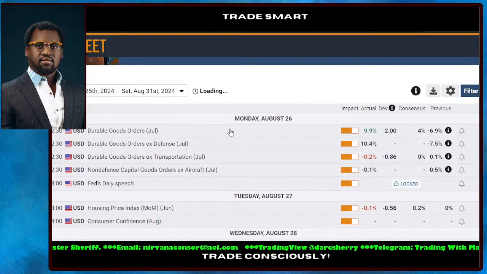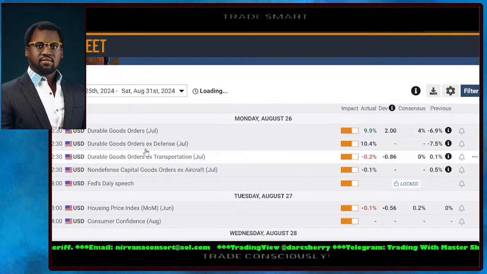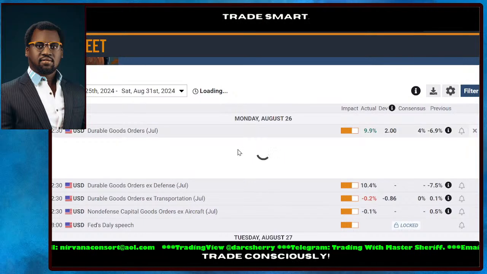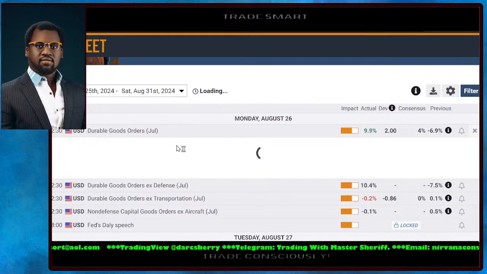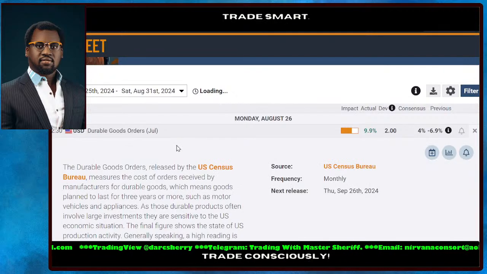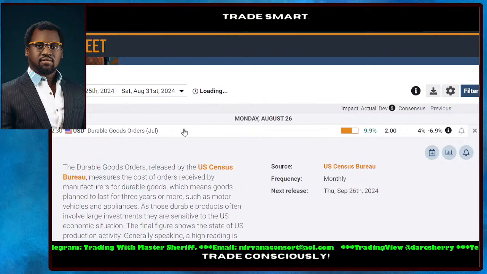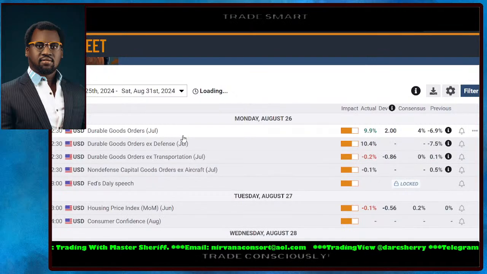Doing this, on Monday, August 26th, we had the durable goods orders. This data gives us an insight into how well the manufacturing sector is doing in the United States, and it is measured by the cost of orders received by manufacturers for durable goods, which means goods that last for about 3 years or more, such as motor vehicles, electronic appliances, and aircraft as well.